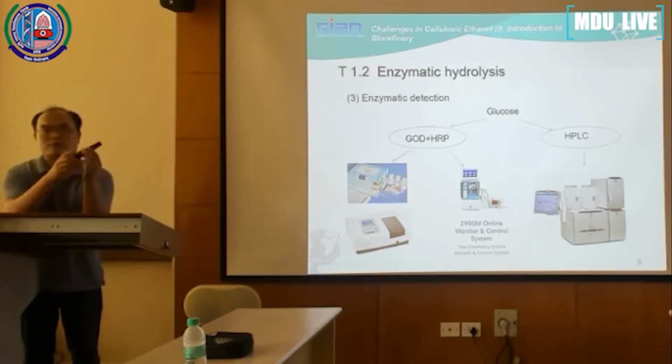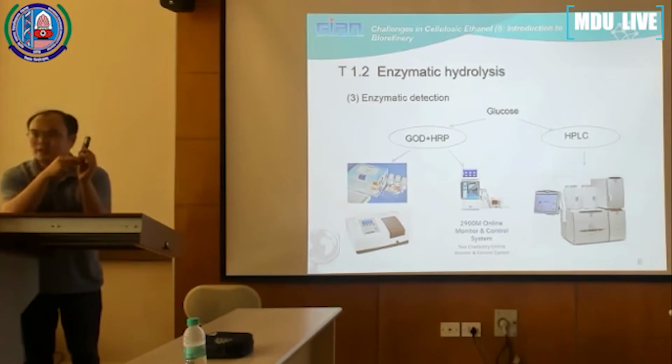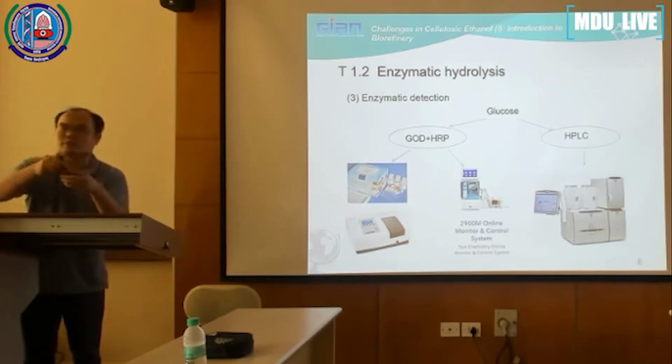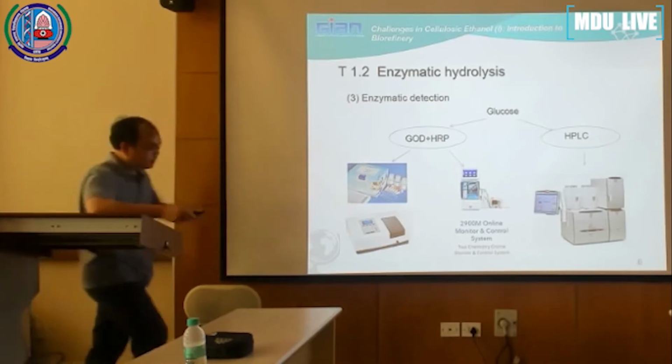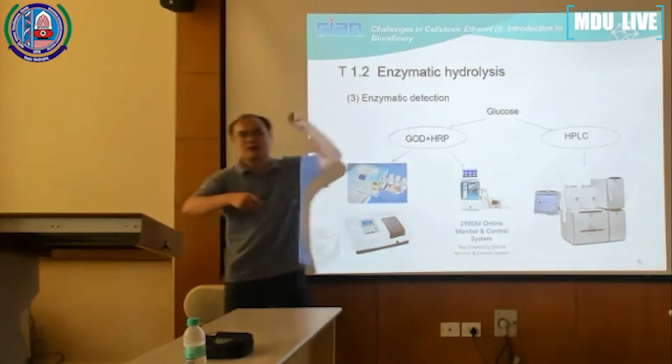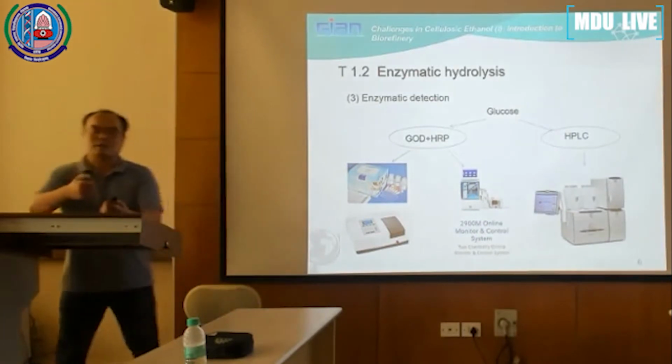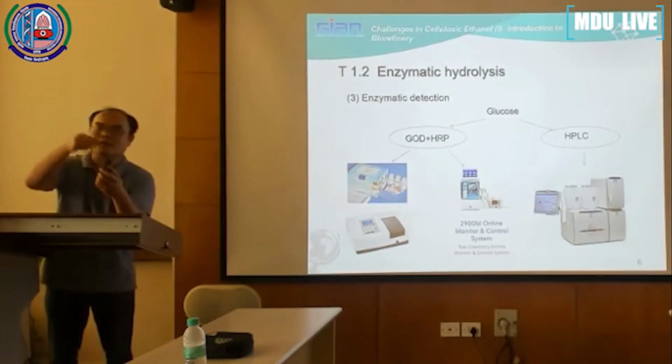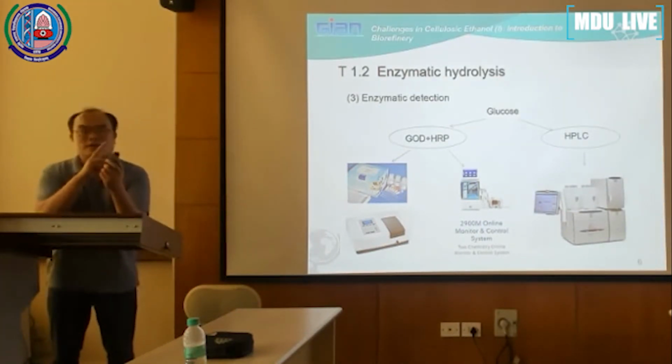We have a small plastic tube. We place 0.5 milliliter in it, but the sample should be filtered, with no solids. How much does the probe use? 20 microliters, a very small amount.